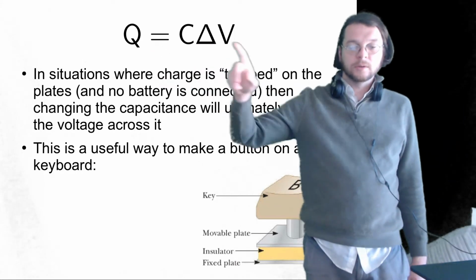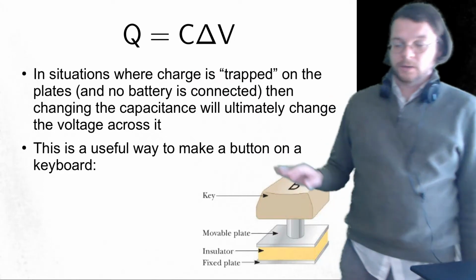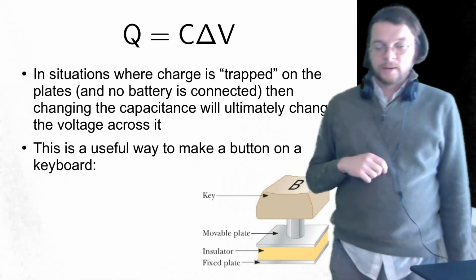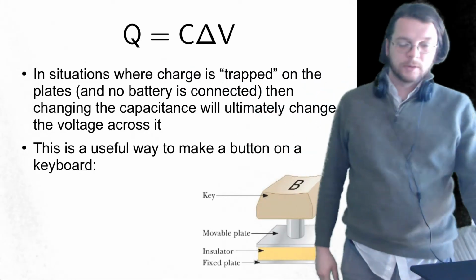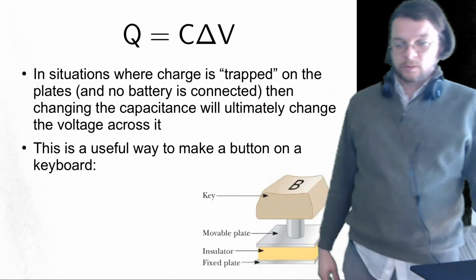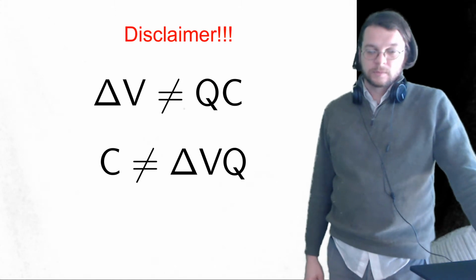The charge is the same, and so the voltage would be different, and so you can use this to detect if a key is pressed. So that again is the mode in which the charge is trapped, and the voltage is just whatever it is based on what that charge is.